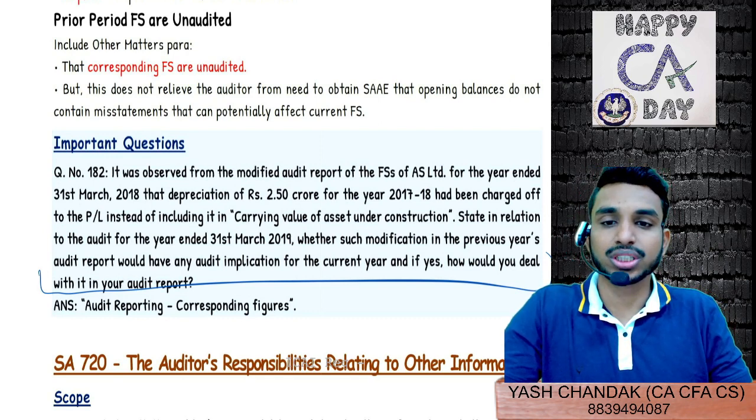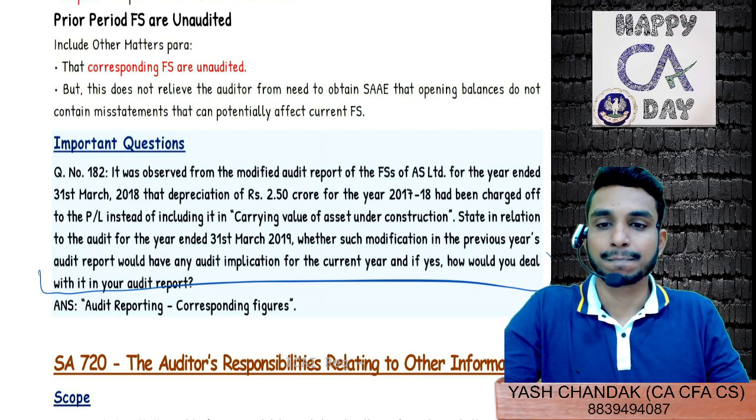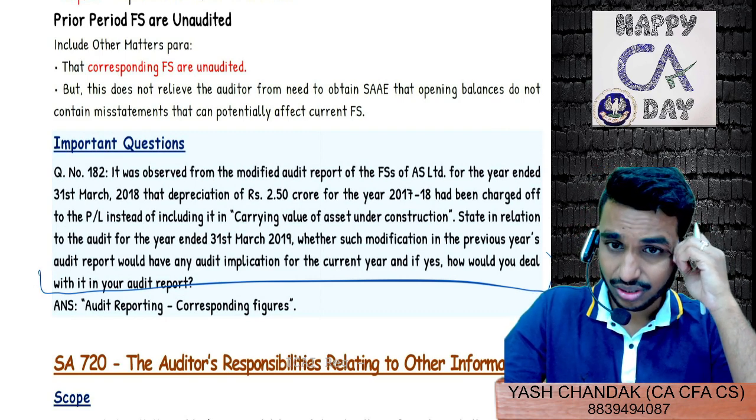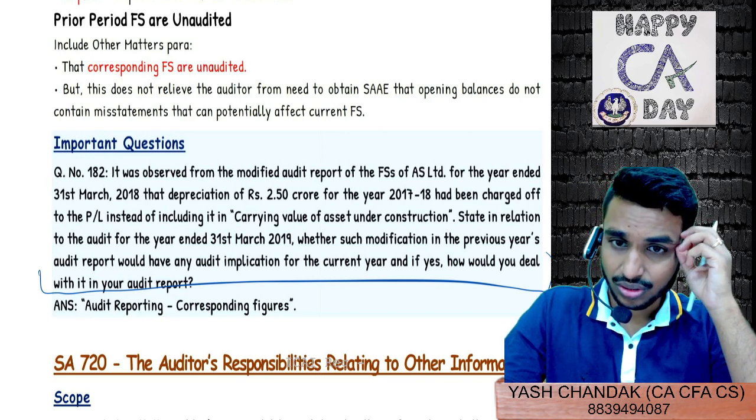What do you understand by the question? It says that in the previous year, depreciation was charged to PL instead of carrying value under the asset construction account.